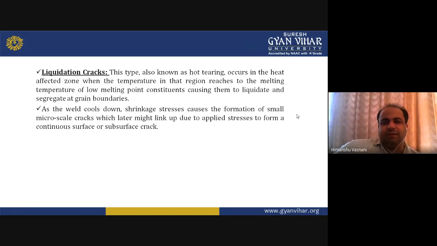See, in the first part, it was showing that the low melting constituents liquidate because they have a low melting point. They liquidate and segregate at the grain boundaries.